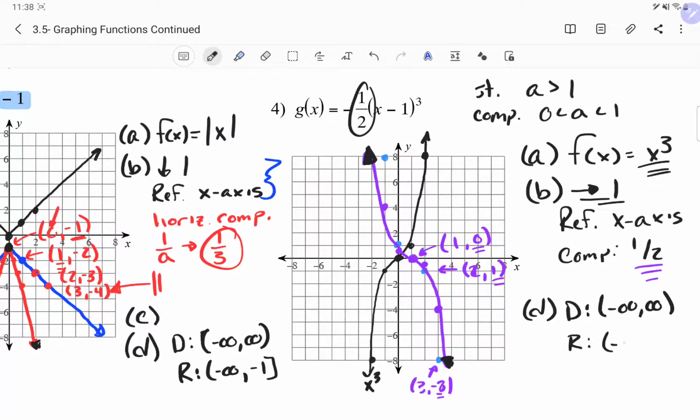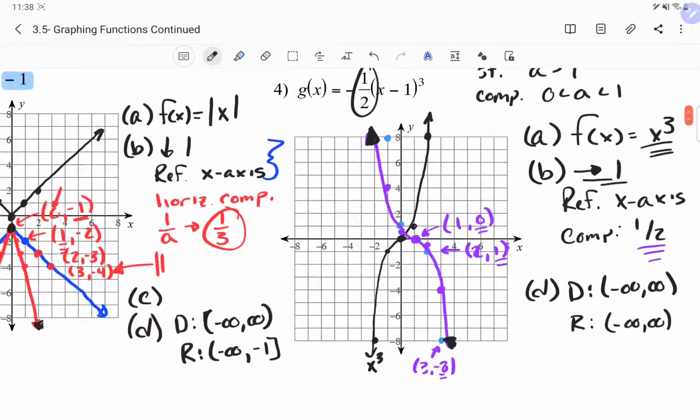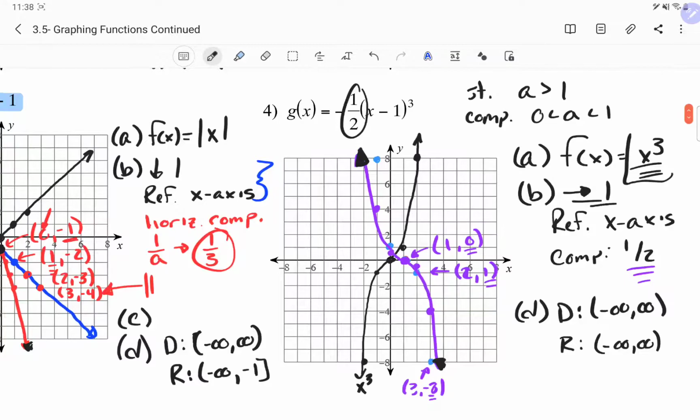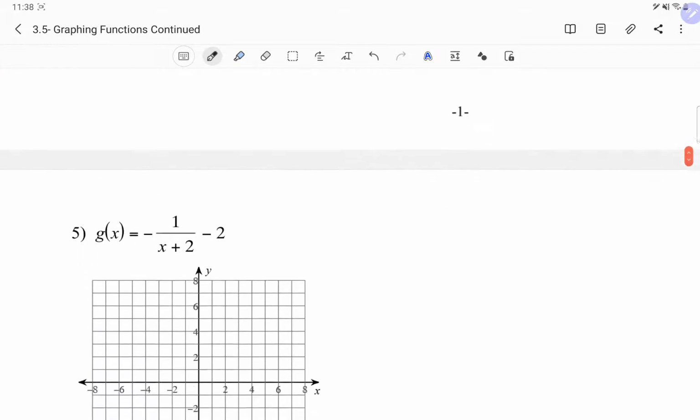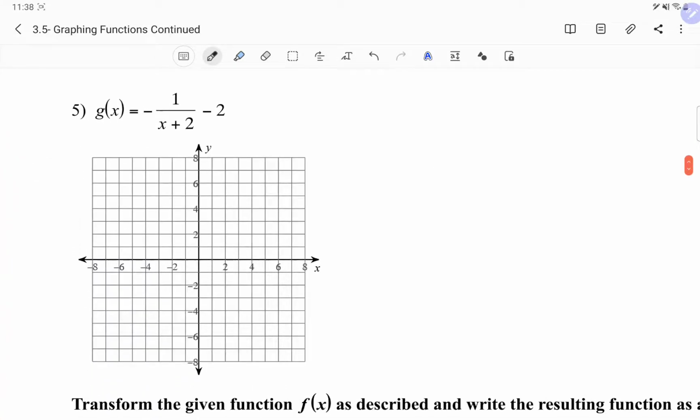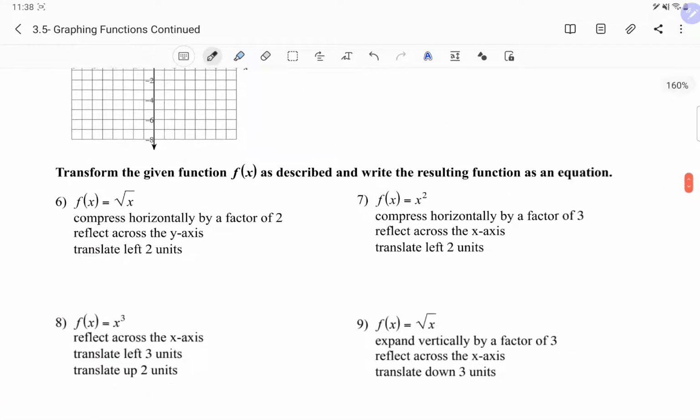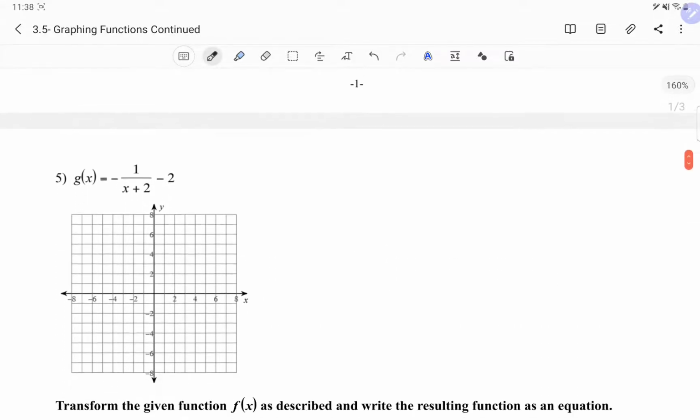So we're going from negative infinity to positive infinity. Really any cubic function, so any function with a third power, is going to be from negative infinity to positive infinity for both the domain and the range. Okay? All right.